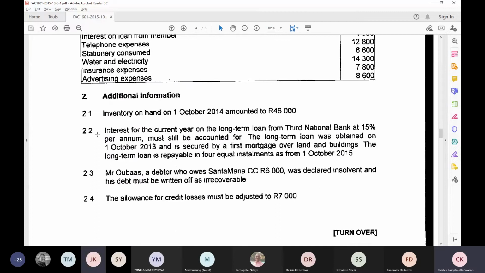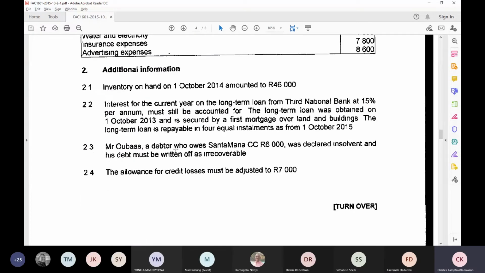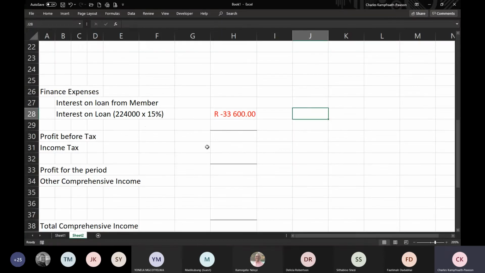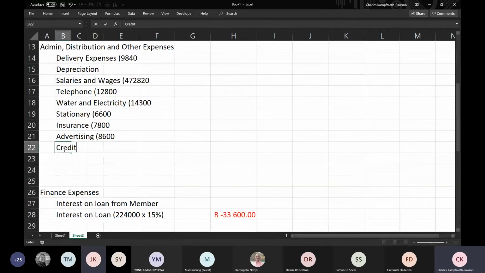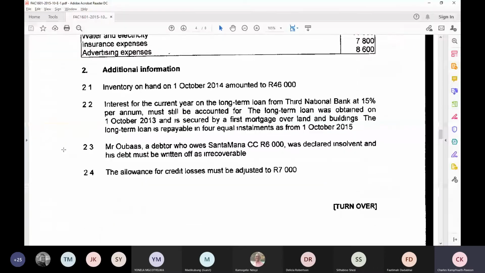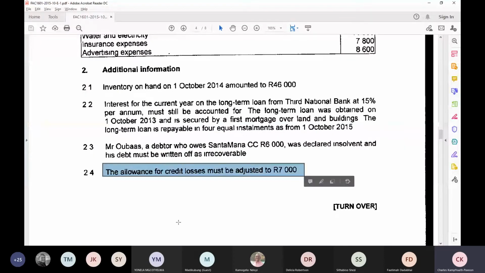So that's point 2.2. 2.3, Mr. Obas, a debtor who owes Santa Maria 6,000, was declared insolvent and his debt must be written off as irrecoverable. So the moment that you read that, you know, credit losses. But we don't know whether that's the only credit loss, so just write it in brackets. We say 6,000. And they say the allowance for credit losses, very important. The allowance for credit losses must be adjusted to 7,000.